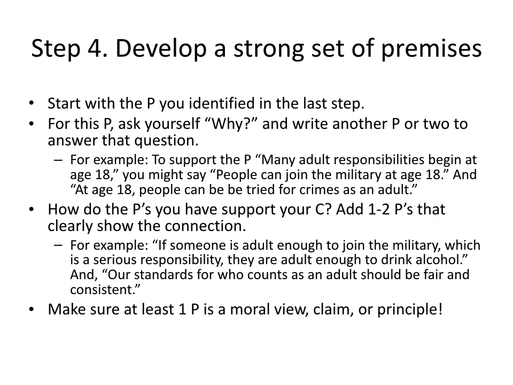For example, I might add something like, if someone is adult enough to join the military, which is a serious responsibility, they are adult enough to drink alcohol. Finally, I might want to add, our standards for who counts as an adult should be fair and consistent.